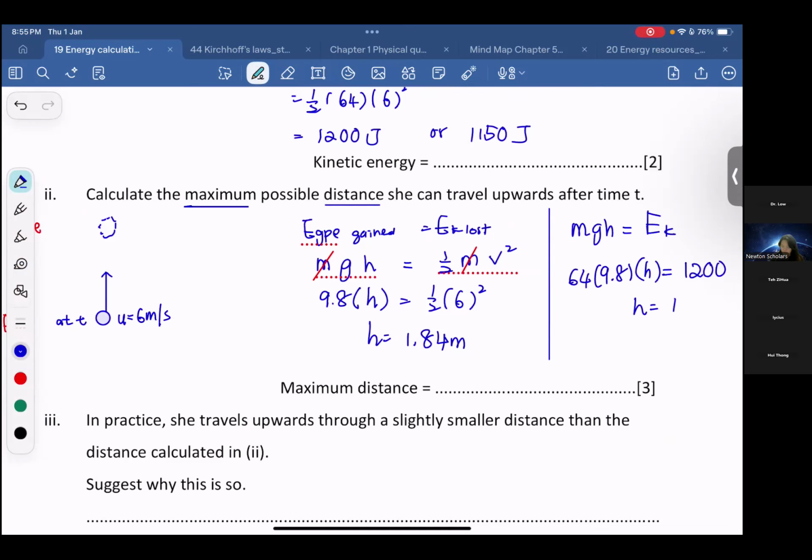So this answer will be 1.9 meter. Okay, if you're using 64 times 9.8 times the h equals to 1150, h will equal 1150 divided by 64 divided by 9.8, which is 1.83 meter. Okay, so these three answers are correct, and can be accepted.